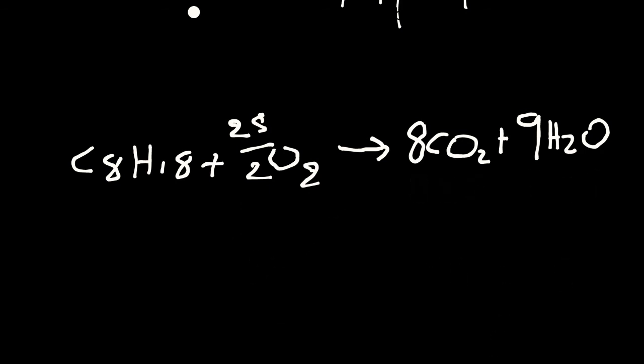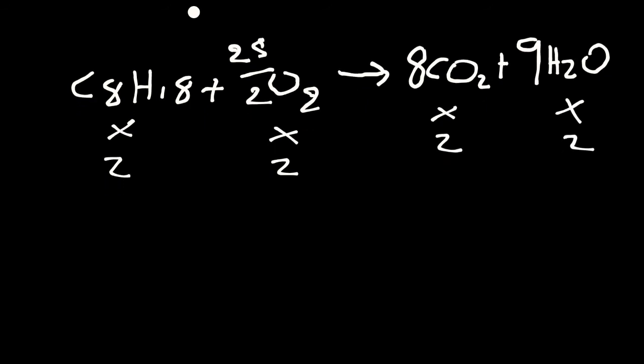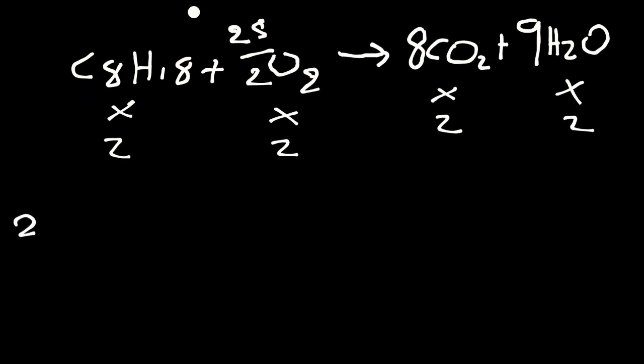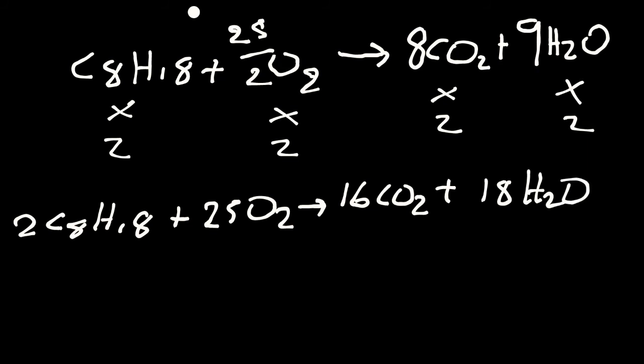But you do not want to leave your answer in the form of a fraction. So you multiply the coefficient of each molecule by 2. This gives you a final result of 2C8H18 plus 25O2 to give you 16CO2 plus 18H2O. This is now a balanced equation.